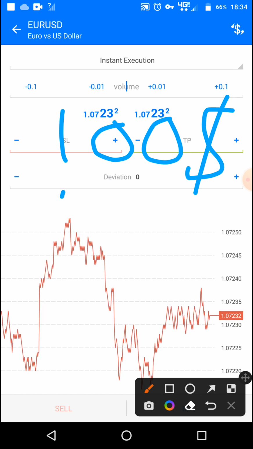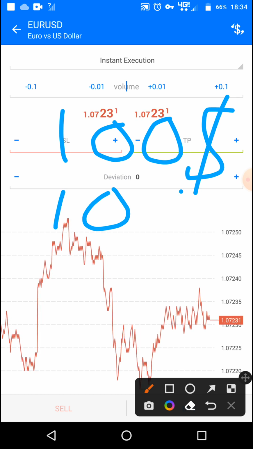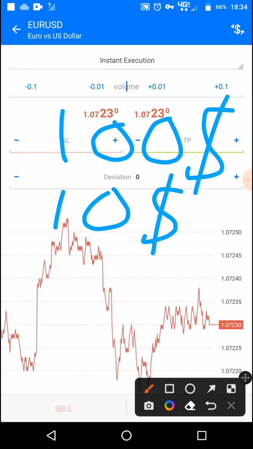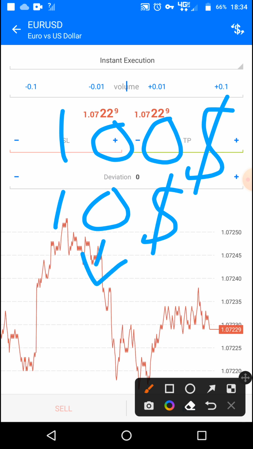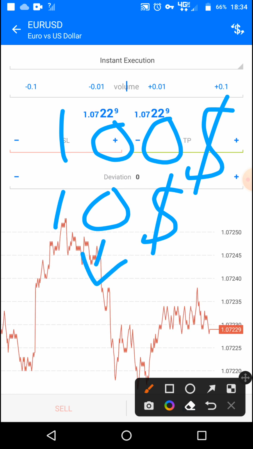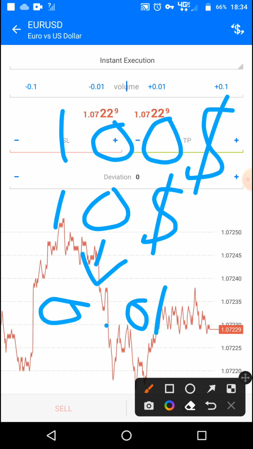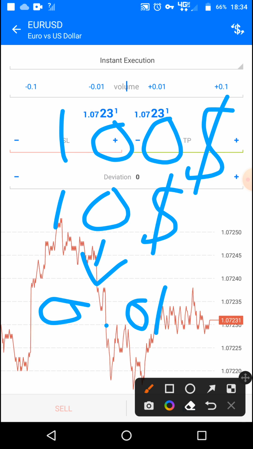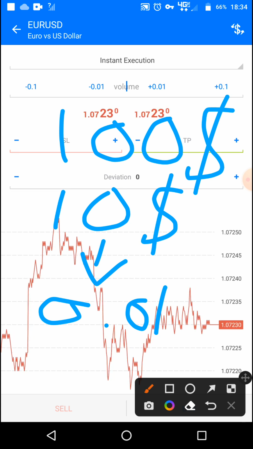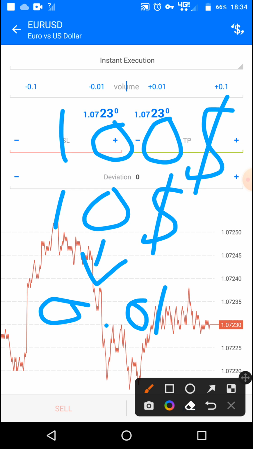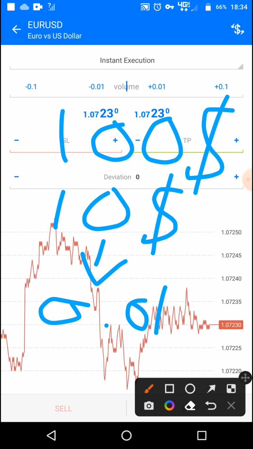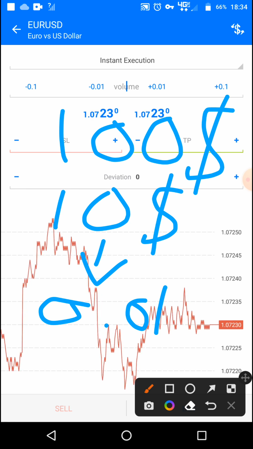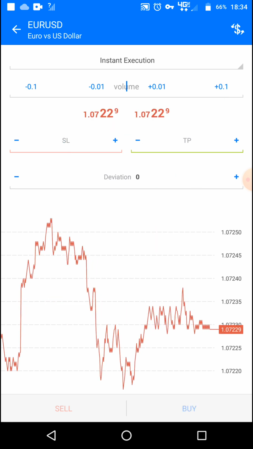If you have $10 in your account, I prefer you use the 10-cent lot size, that is 0.01 lot size. So that at least, even if you trade the whole day using only $10, you will at least make times 2 of your money in your account.